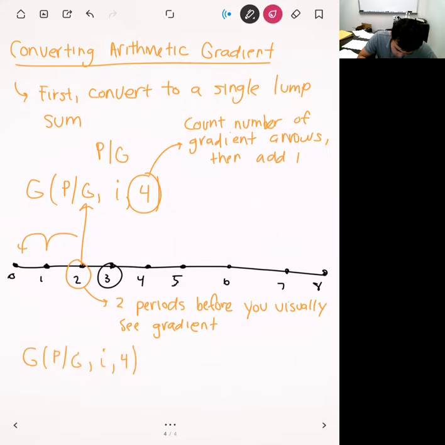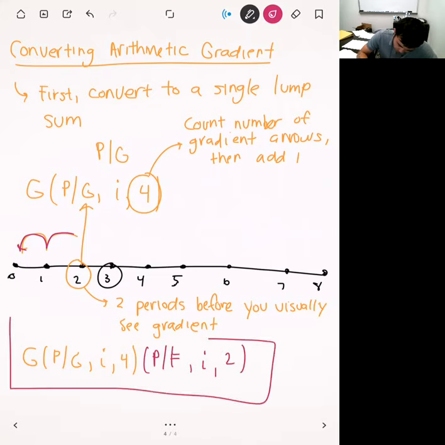And so the conversion that we do in order to perform this double hop is going to be P over F, okay, I, and then 2. Okay. And so those are the 2 conversions that you have to perform in order to get this back into year 0. Okay. All right.